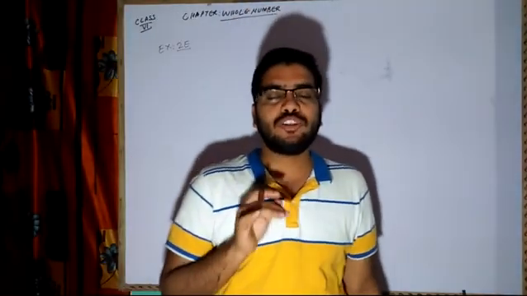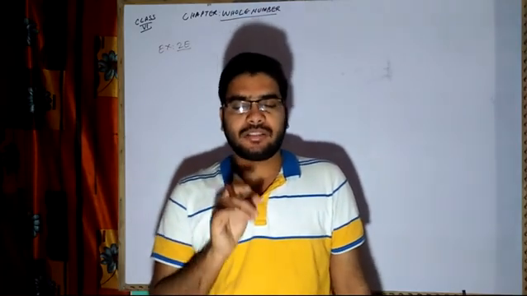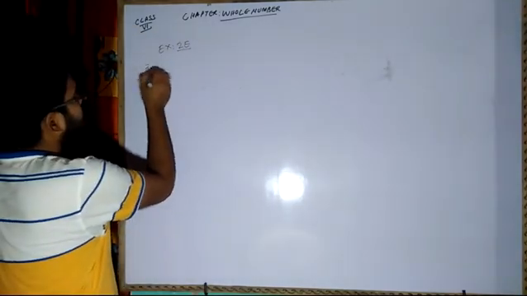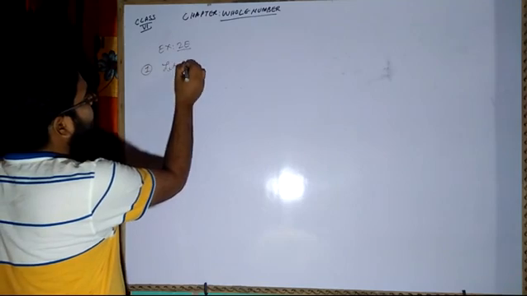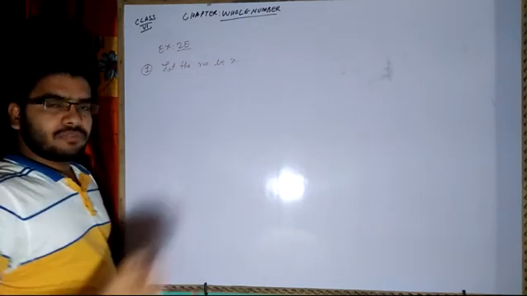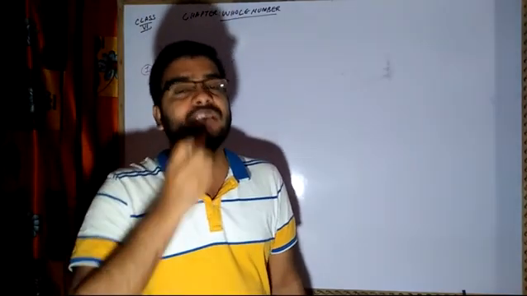When you get a word problem, always try to break that word problem into fragments of sentences. Let's take here what they are saying, find the number. So I will write, let the number be x. Let the number be x. Now I got one number, we have to find the number, so I will assume that number to be x because it is unknown.